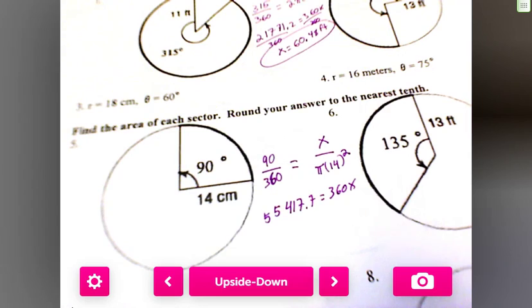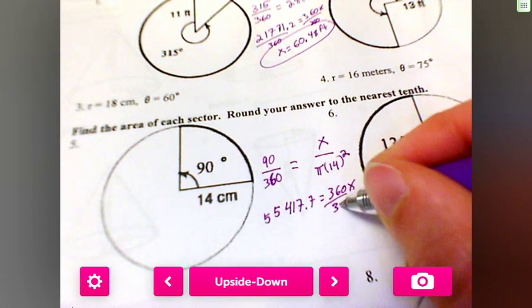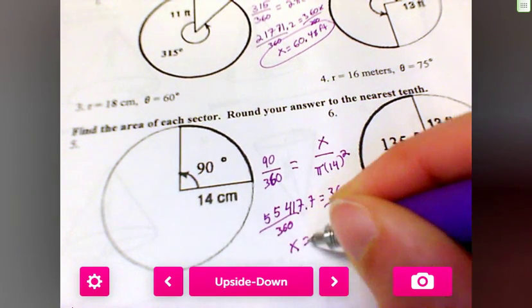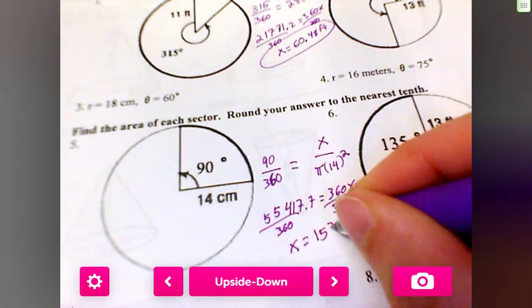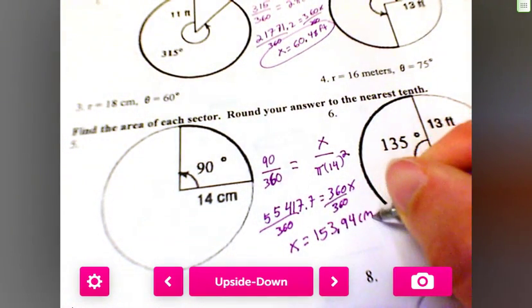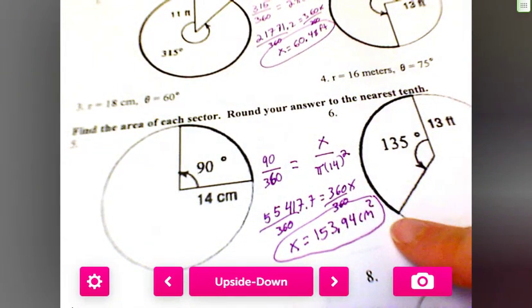Divide by 360. And x equals 153.94 centimeters squared. Remember, when we're dealing with area, we have to have it squared.